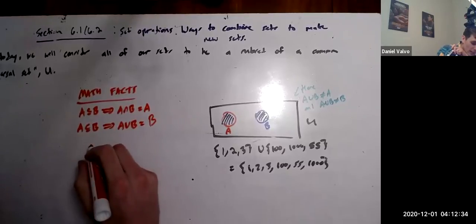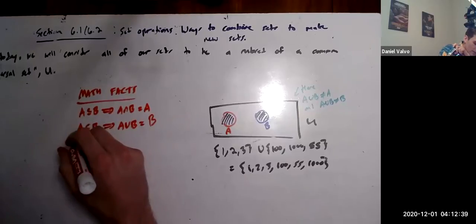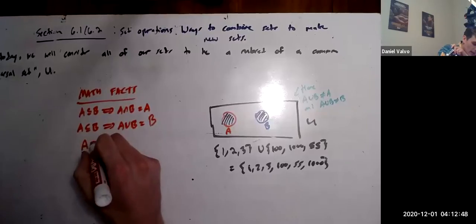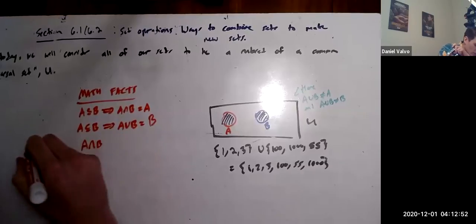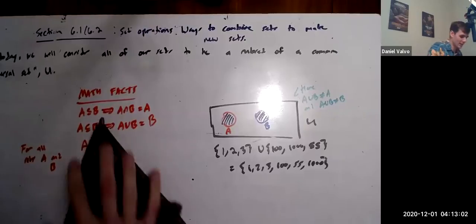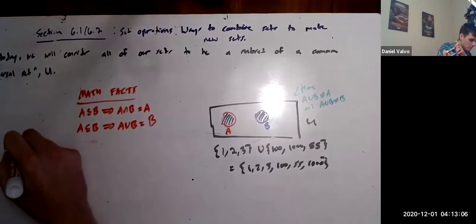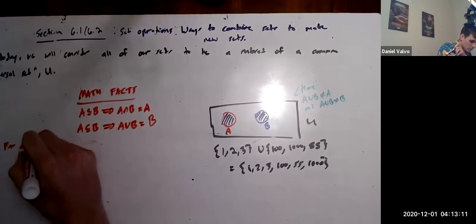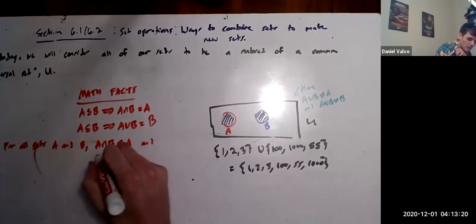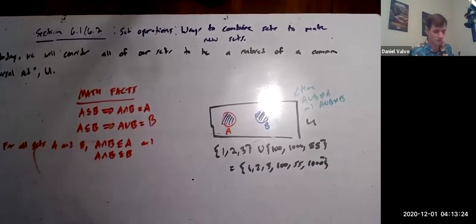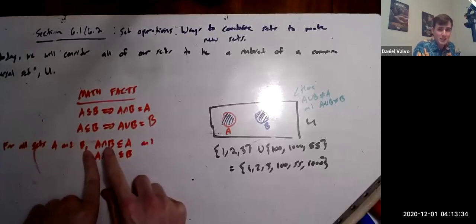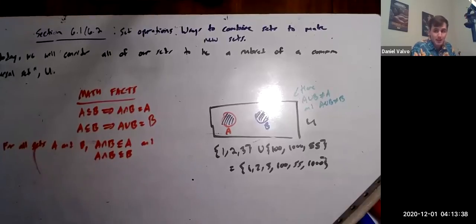We also have the fact that, for any sets A and B, A intersect B is clearly a subset of B, and A intersect B is clearly a subset of A. The reason being A intersect B is just everything inside both A and B. In particular, if you're in A intersect B, you've got to be inside A, so it's a subset of A. And everything in A intersect B has got to be inside B, so it's a subset of B. Draw the Venn diagram.